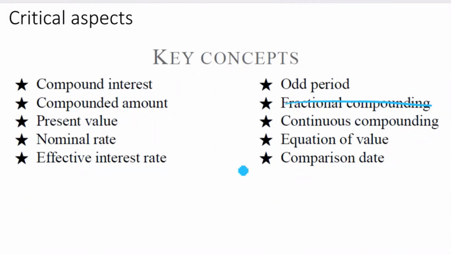You don't need to worry about this. Continuous equation value is important. The comparison date is important. The effective and nominal interest rate is not explicitly expected of you, but I'll touch on it just for your own knowledge. And then the compounded amount and the compound interest.